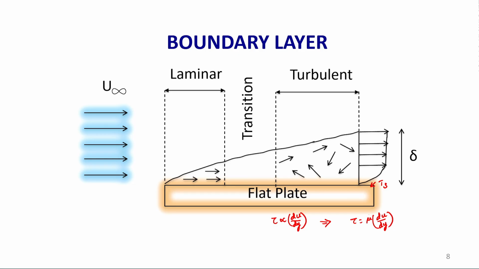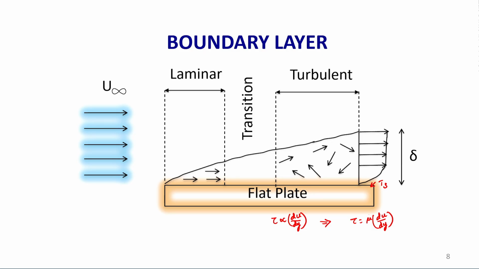The flow is taking place in this direction, the normal to the flow is the perpendicular direction. Up to a particular height, there will be a variation in the velocity. At one point in the direction normal to the flow, the velocity of the fluid will be equal to the free stream velocity, and there will be no further velocity gradient.